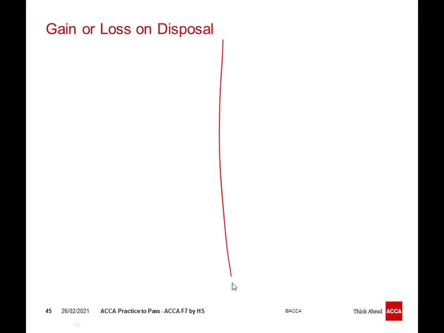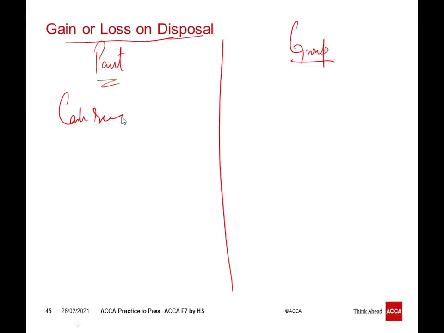Now there is a concept of the gain or loss on disposal. One concept is in the books of the parent, and the other is in the books of the group accounts. With reference to the parent, when there is a disposal of a subsidiary during the year, you need to take the cash received less investment sold.